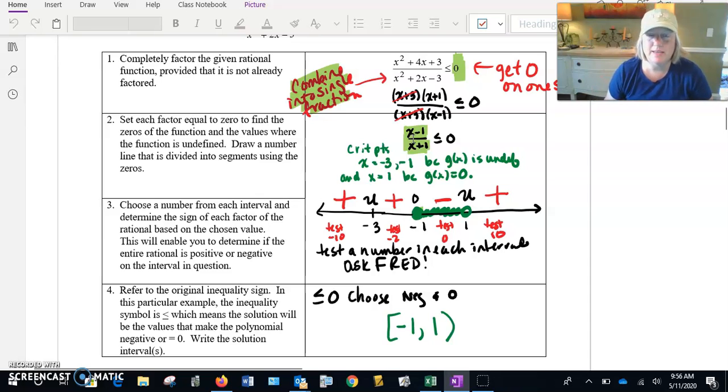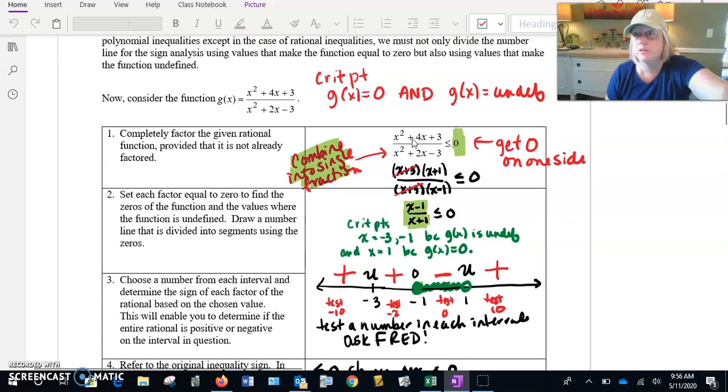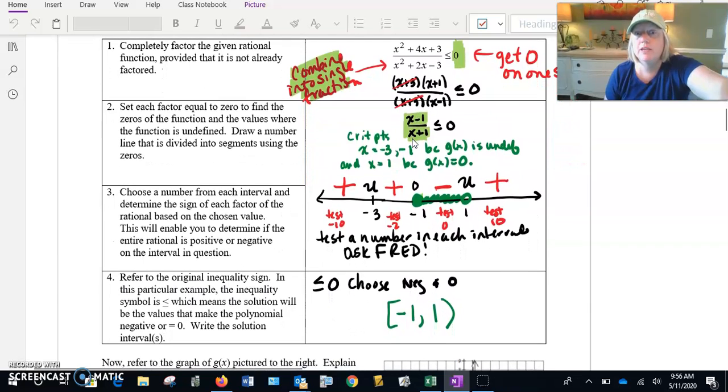Okay, sorry about that. So that gives you the idea of the steps that you're going to follow. Just make sure that your sign analysis includes your discontinuities, your critical points, as well as places where it is undefined. Make sure you label them correctly. It helps if we factor correctly when we're doing it, and choose your answer.